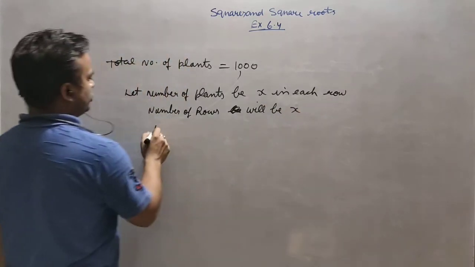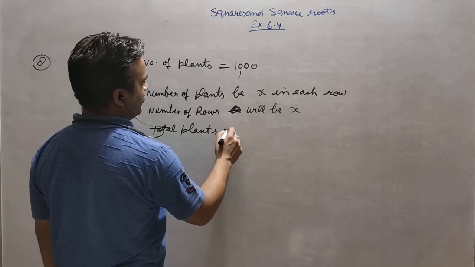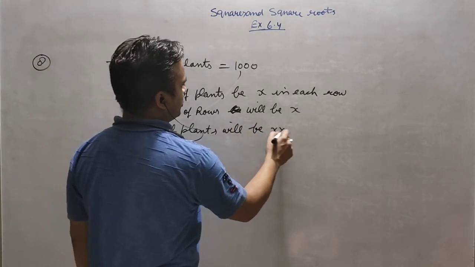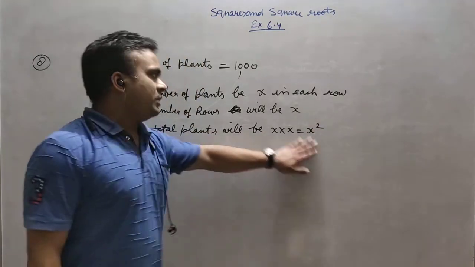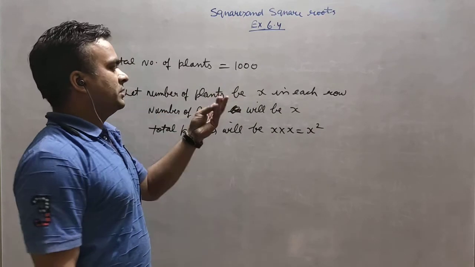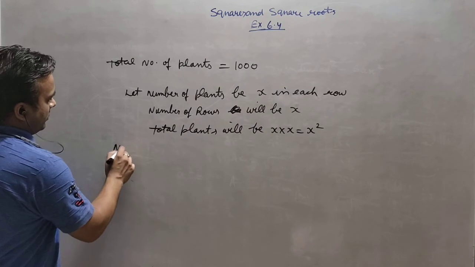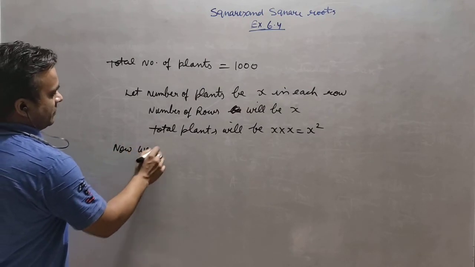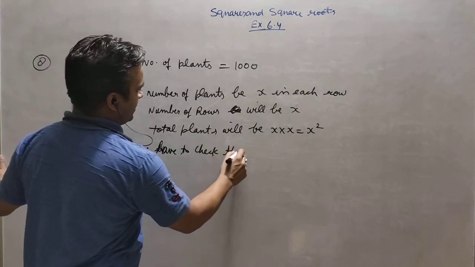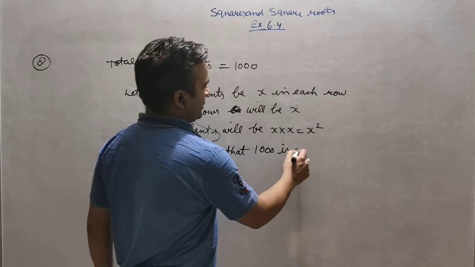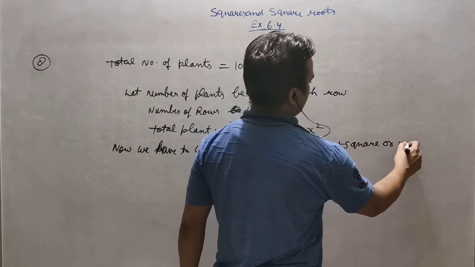So total plants according to us will be x into x, which is x square. Now we have to check whether this x square or this 1000 are having the same property. So now we have to check that 1000 is a perfect square or not.